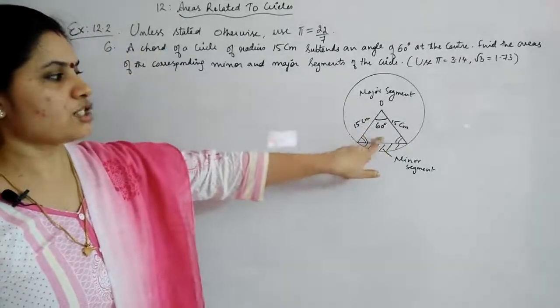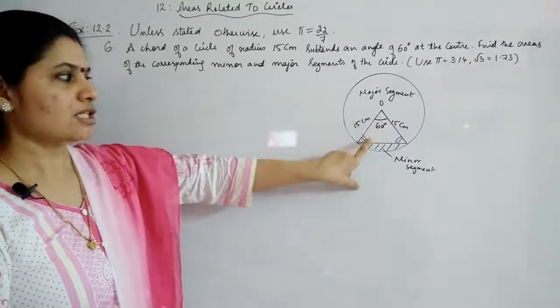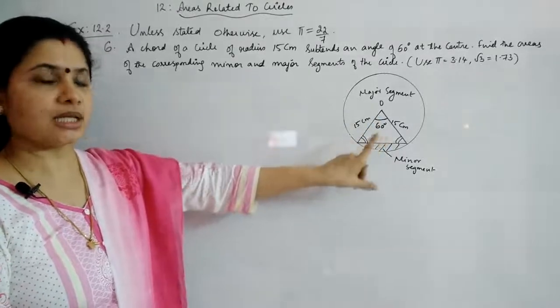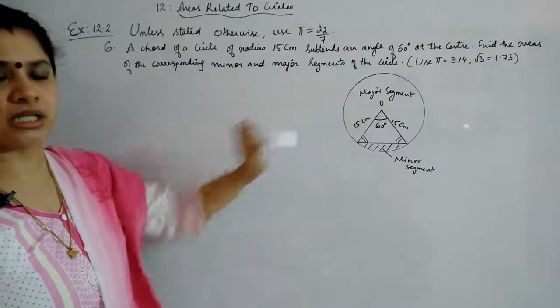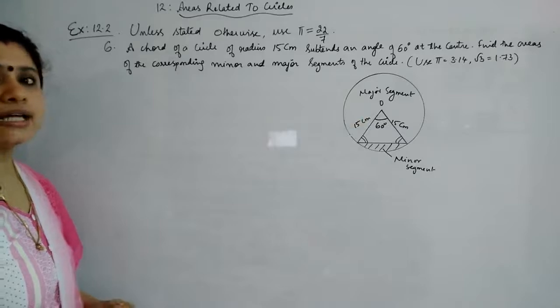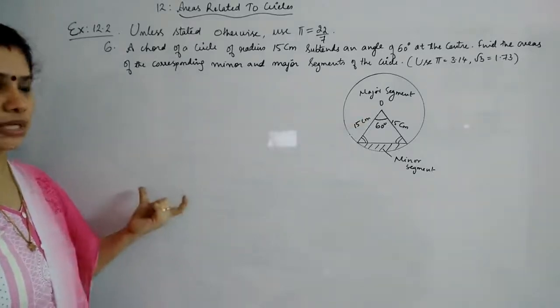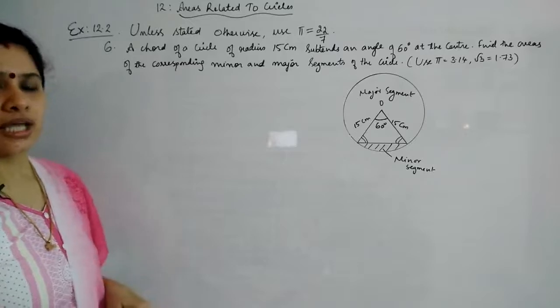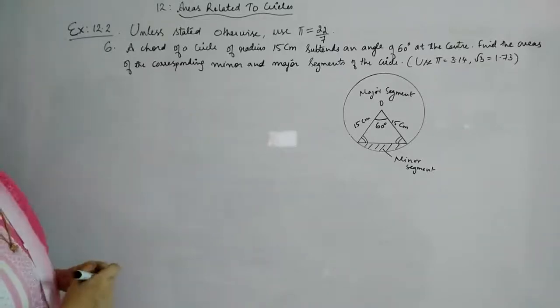So the sum of these two angles will be 180 minus 60, which is 120. Both should be equal, so each should be 60 degrees. That means the triangle is an equilateral triangle. So you can use the formula for the area of an equilateral triangle, root 3 a square by 4.